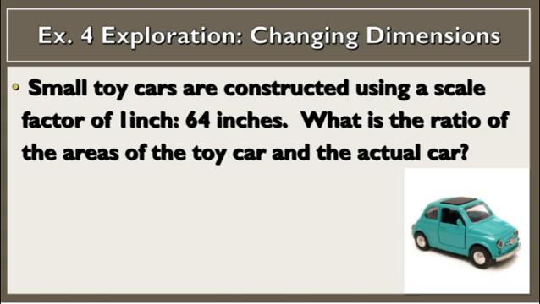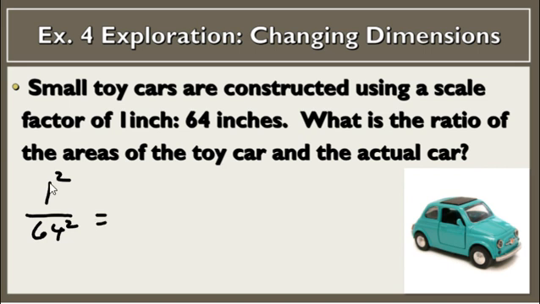And our last one, small toy cars are constructed using the scale factor of 1 inch to 64 inches. What is the ratio of the areas of the toy car and the actual car? So if the scale factor is 1 to 64, I just need to square both of those because we're dealing with the areas.